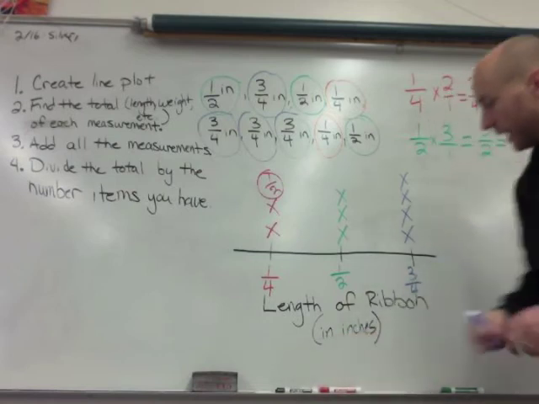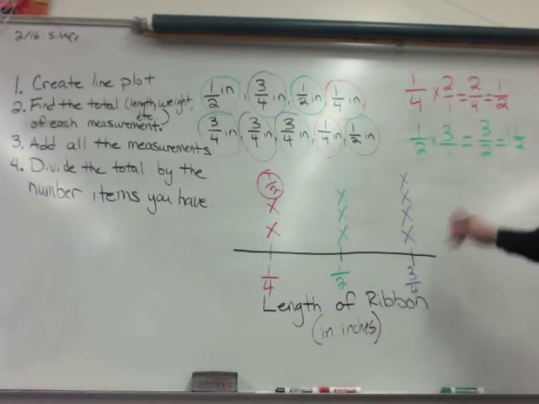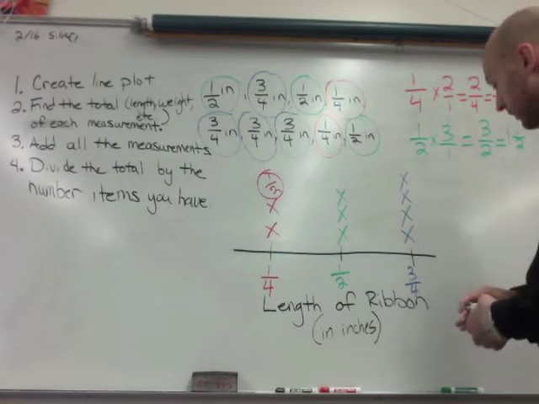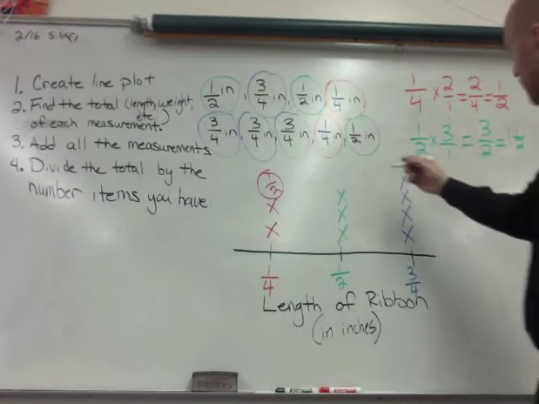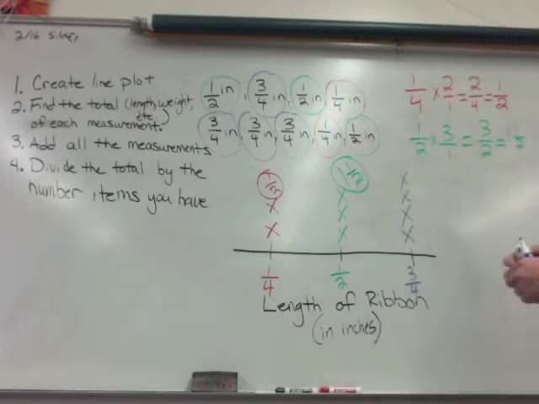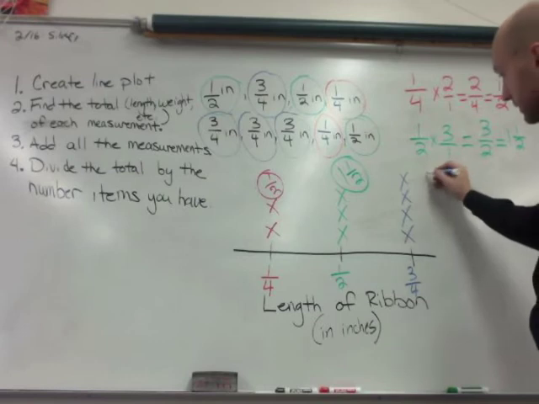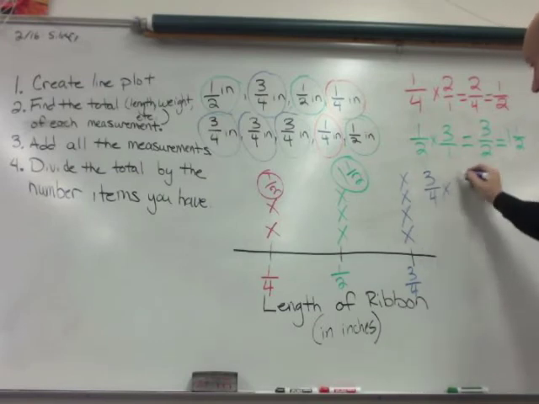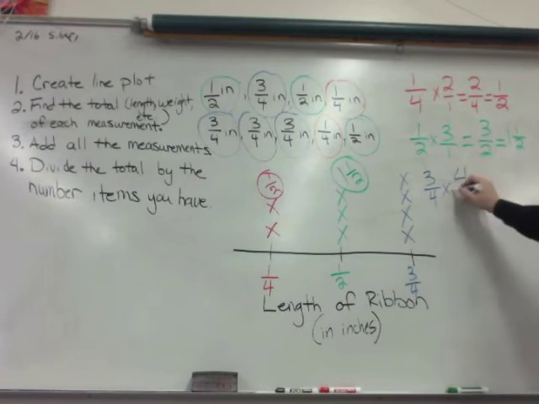Okay, next one. Our last measurement of ribbon is 3/4. So I'm going to write that right here. Oh, I forgot to put my total for my green. My total for green is 1 1/2. Okay? And my total for 3/4, I have 3/4 times 1, 2, 3, 4.